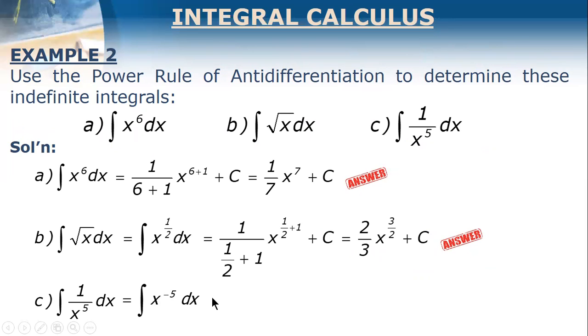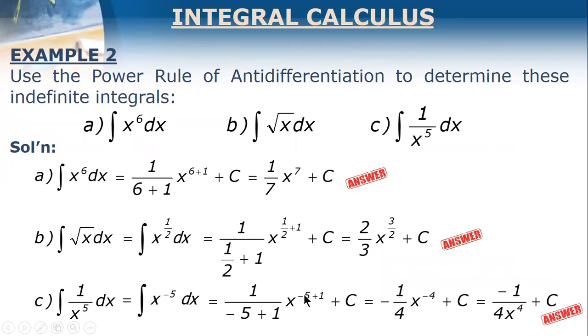Mao na nimong n, so pwede ta mo-integrate using power rule. Always raise by 1 man. And then negative 5 plus 1, mao na i-divide nimo. So ang result is 1 over negative 4 x raised to negative 4, negative 5 plus 1. And then since negative, ibalik sa positive, ilaog na siya sa denominator. The final answer is negative 1 over 4 times x raised to 4 plus c.